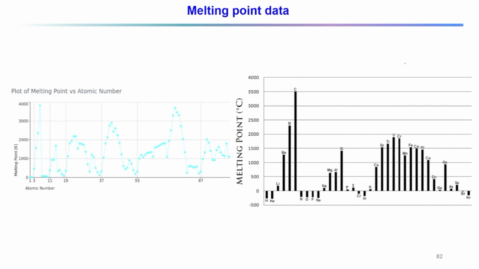Here you can see the atomic number versus melting point graph. On the right hand side, the same graph you can see. The scale is different. It is in Kelvin scale, and this one is degree centigrade scale. From here we can see that carbon has the highest melting point.